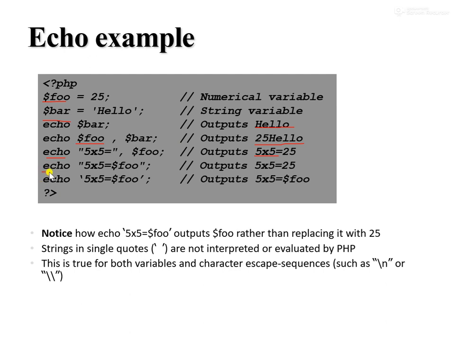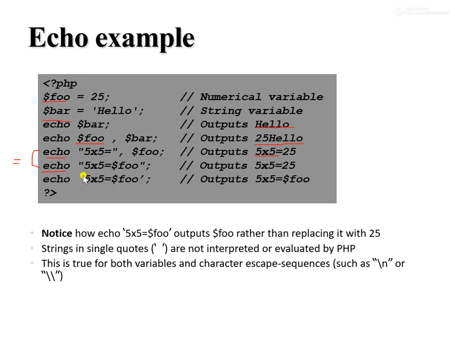Okay, then in this statement again we put everything like in the previous statement but inside double quotation. So the output will be the same as the previous. These both have the same output. But when you look at the last statement, it is a bit different. We put everything like the previous statement, but instead of double quotation, we put it in single quotation.